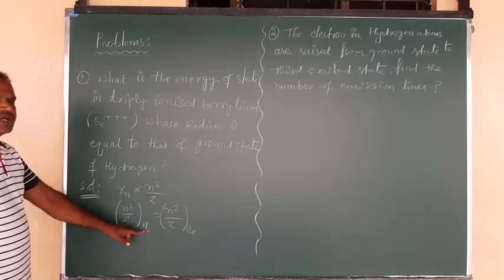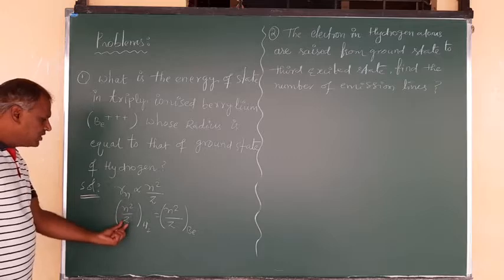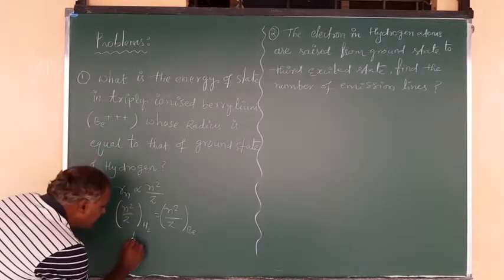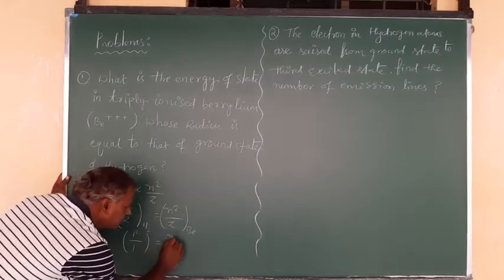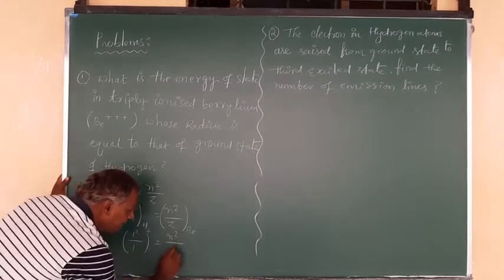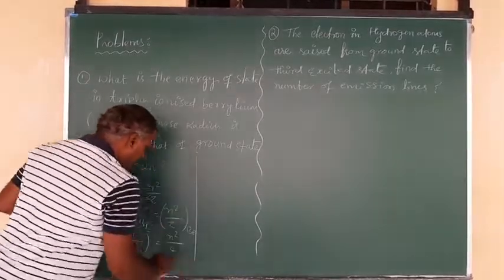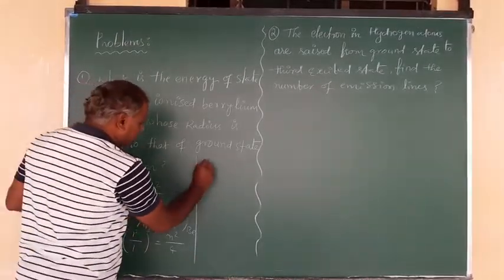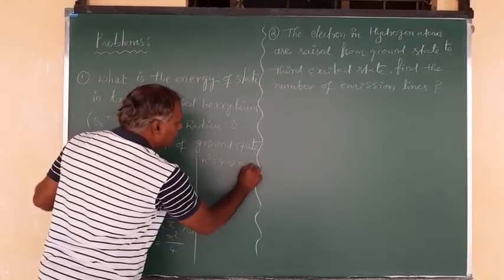For hydrogen ground state, n is 1 and atomic number is 1, so 1 square upon 1 is equal to n square upon z, and for beryllium z is 4. So n square is equal to 4, which implies n is equal to 2.